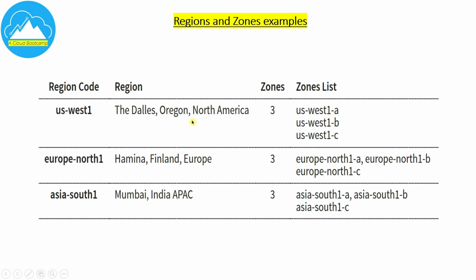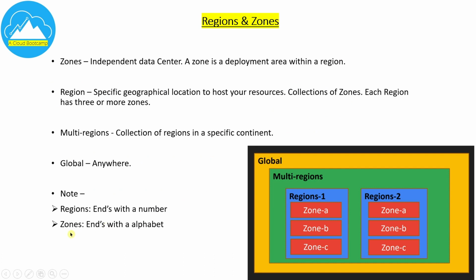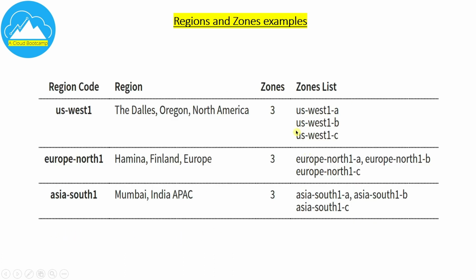In this region, US West 1, we have 3 zones, and the zone names are US West 1-A, US West 1-B, and so on. Again, it shows that zones end with an alphabet letter.